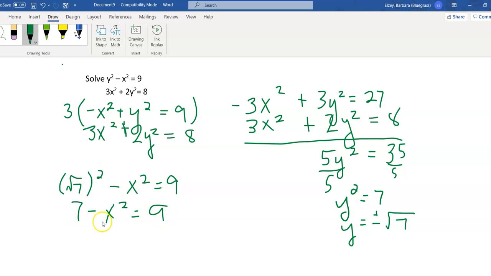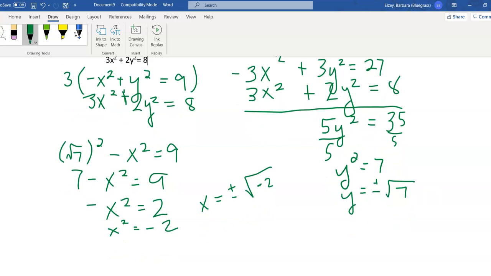Take the 7 to the other side, and we get a positive 2, and multiply by a negative, and it's going to give us x squared equals negative 2. And so when we take our square root, interestingly enough, we get an answer that is actually complex number.